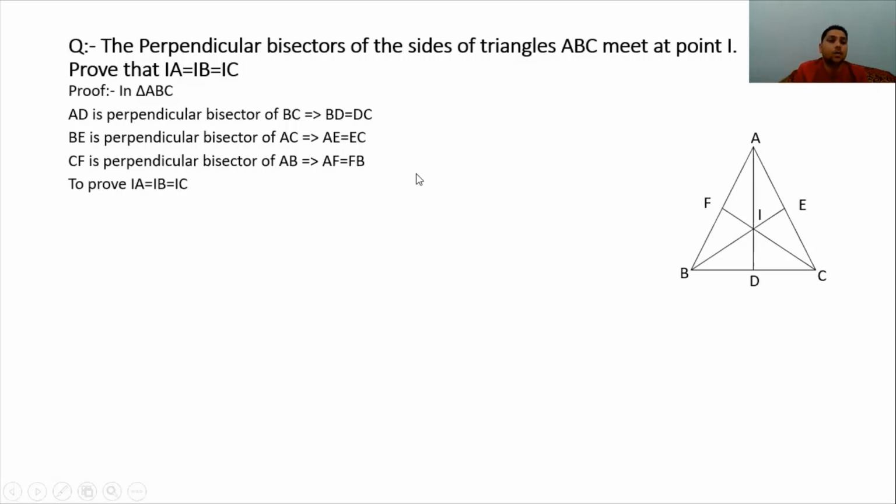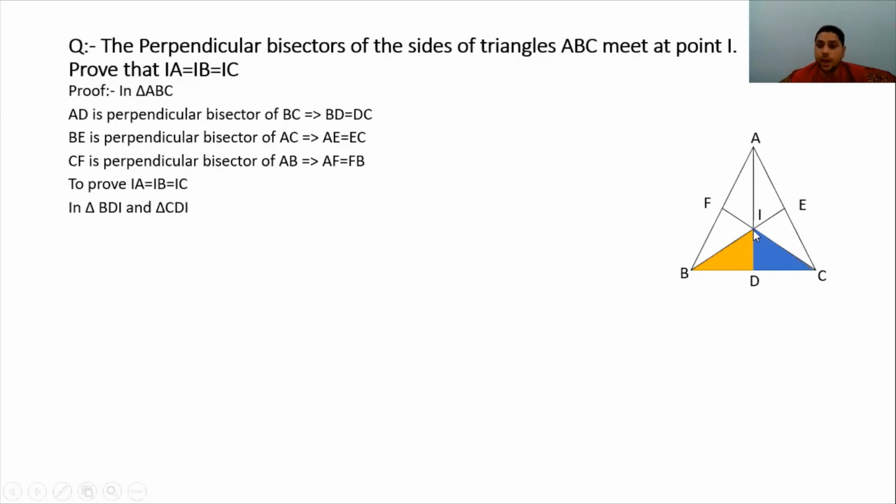What we have to prove is IA is equal to IB is equal to IC. Now we'll begin with two triangles. The first triangle is BDI, and the second triangle is CDI.